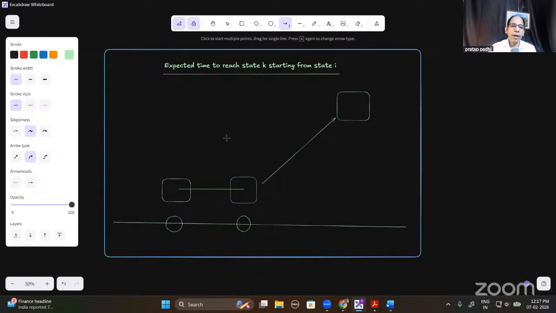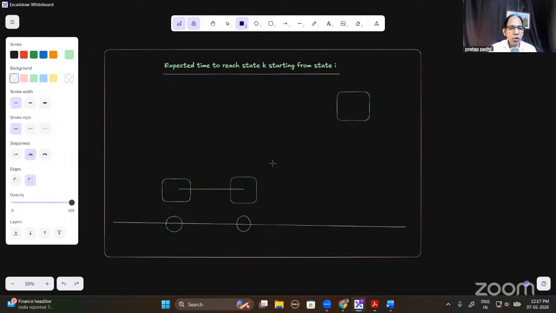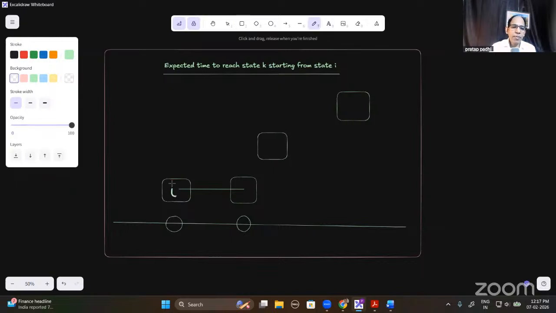If this is state K, there will be a transition that will take place for sure. So I've started from I, suppose the teaching state. When I leave this state, I will make a transition to some other state.